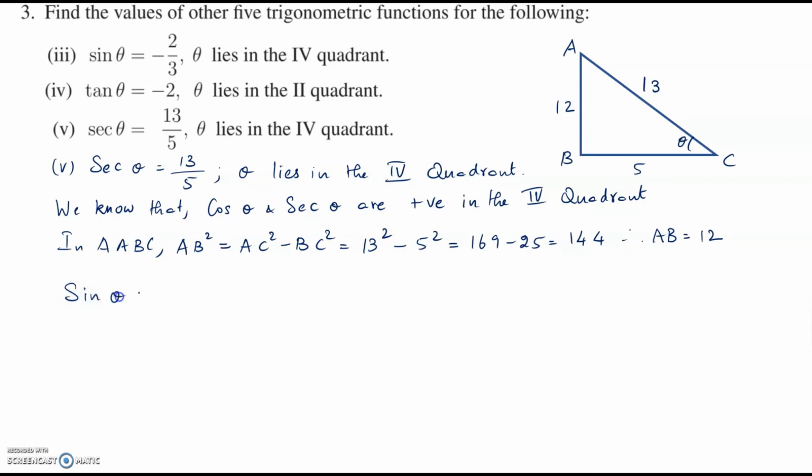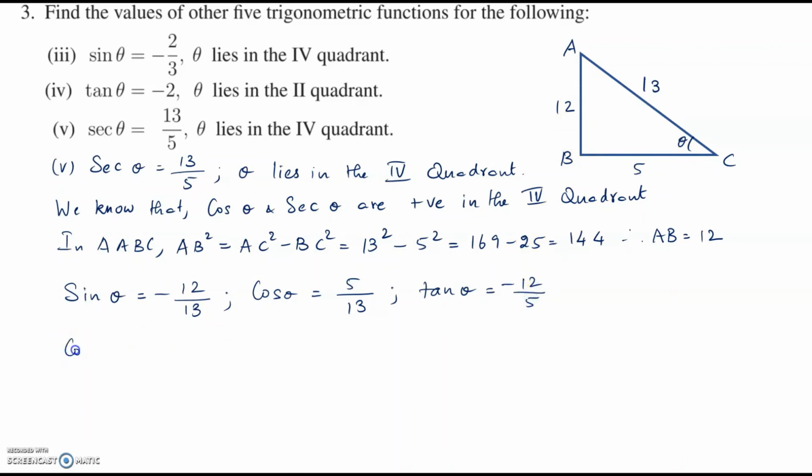So sine theta will be negative because it's in the fourth quadrant, and that's given by opposite side by hypotenuse. So minus 12 by 13, and our cos theta will be positive, and that will be 5 by 13, and our tan theta will be also negative, and it is opposite side by adjacent side, so it's minus 12 by 5.